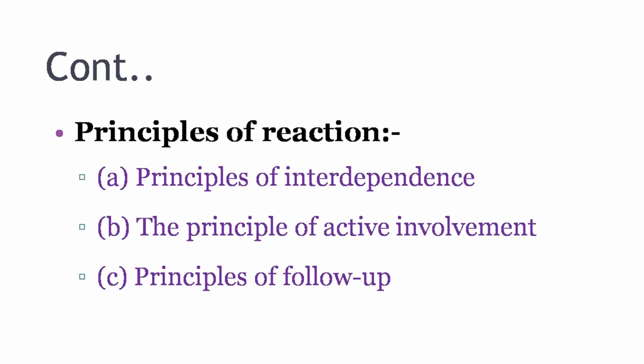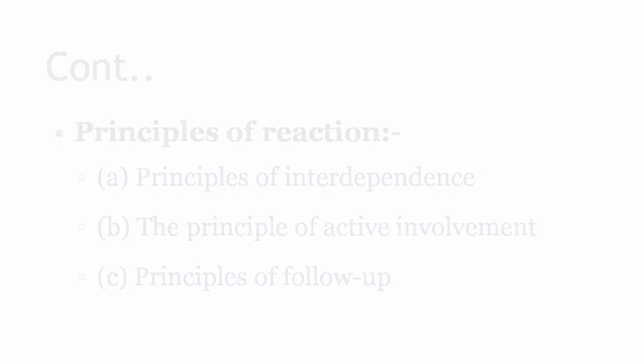Next point is principle of follow-up. An assessment is made after teaching. In case the results are not in accordance with set objectives, gaps and deficiencies are found by the teacher. Then he or she tries to rectify the drawbacks by taking corrective measures.